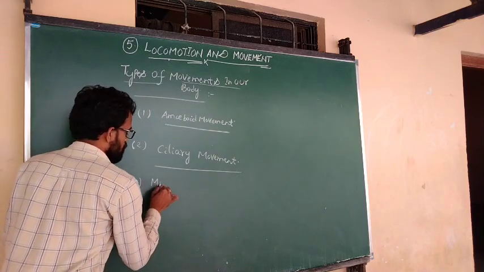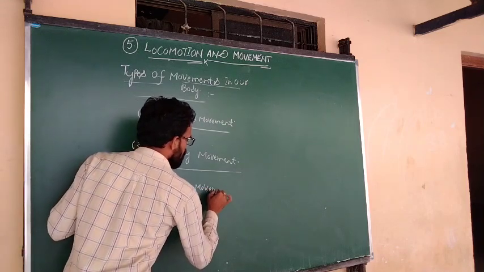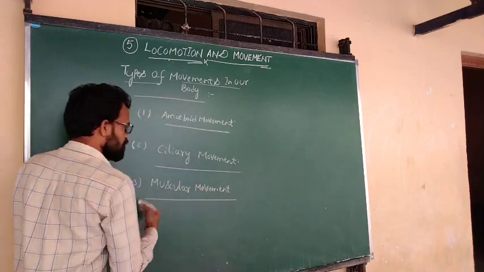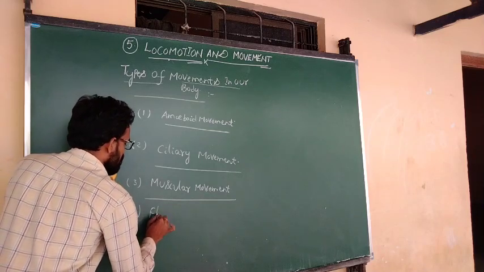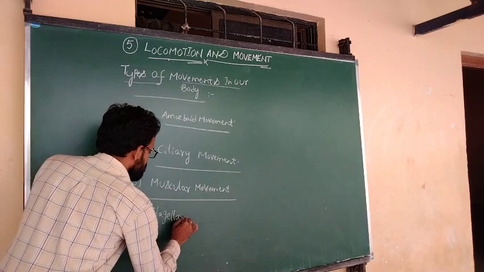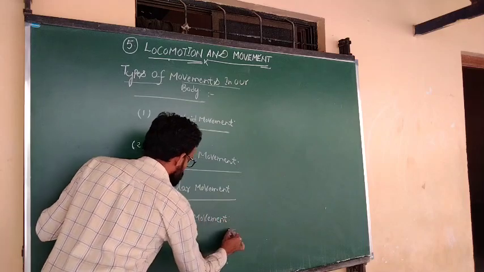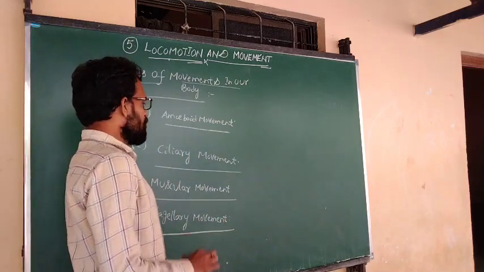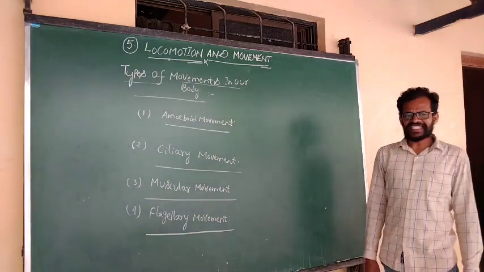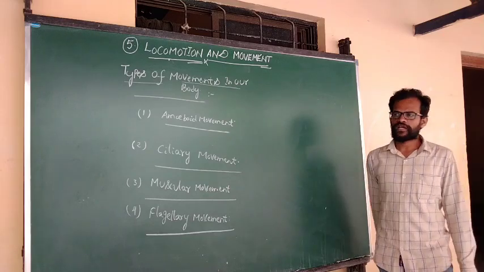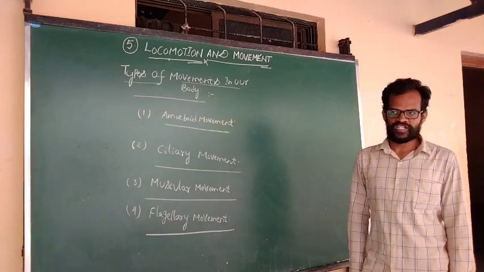Third one, muscular movement. And fourth important, flagellary movement. These are the types of movements in our body. Different types of cells will exhibit these movements: amoeboid movement, ciliary movement, muscular movement, flagellary movement.